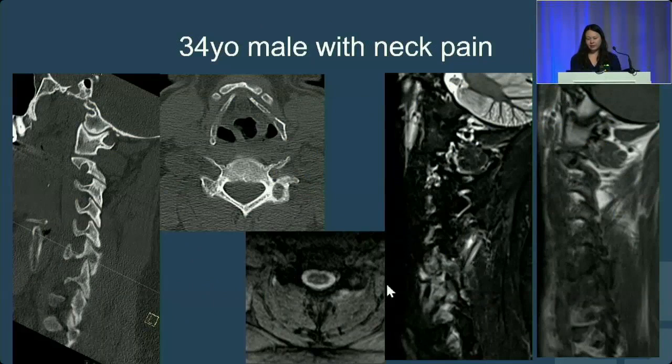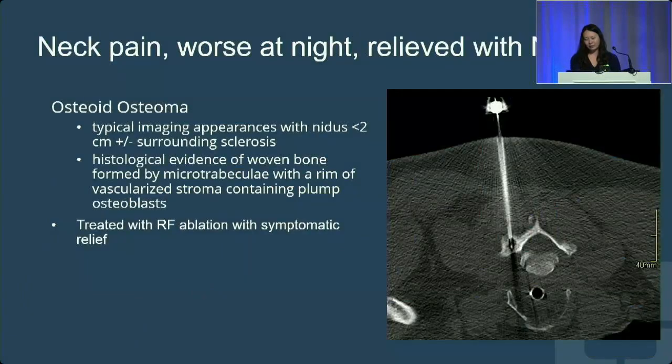So these imaging findings, especially, you can almost make out a tiny little nidus in there. These imaging findings are like if somebody were to tell you, this guy has neck pain, it's worse at night, and it's relieved with NSAIDs. And I'm sure most of you would automatically say, oh, it's an osteoid osteoma. It's like a Boards case, right?